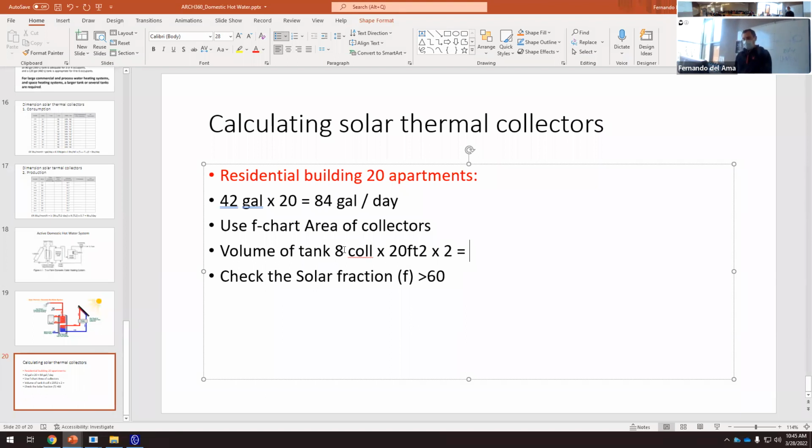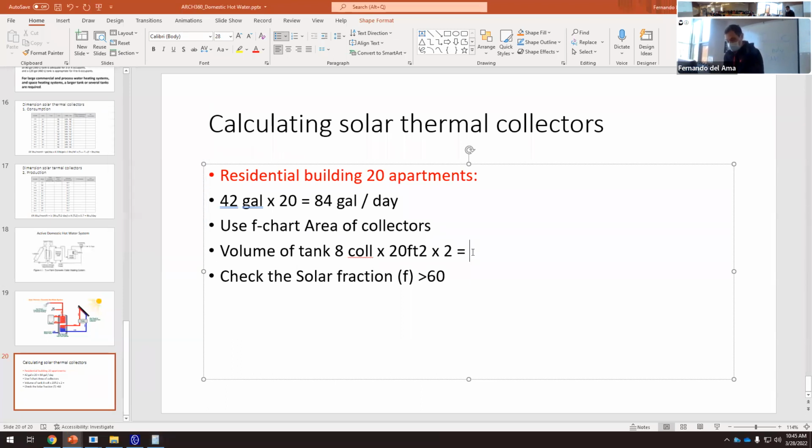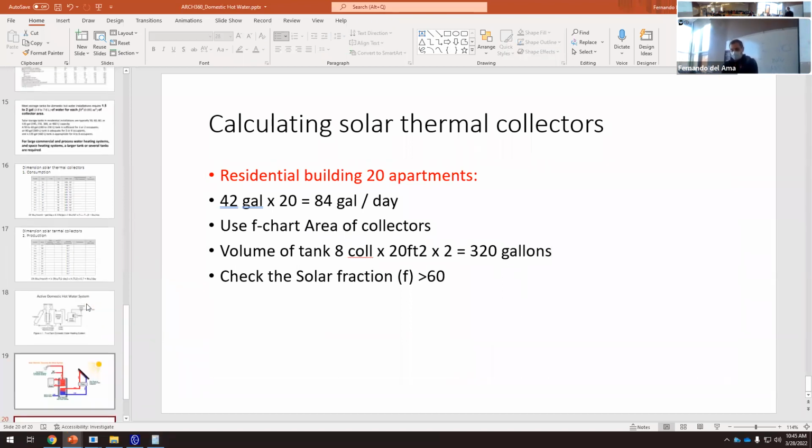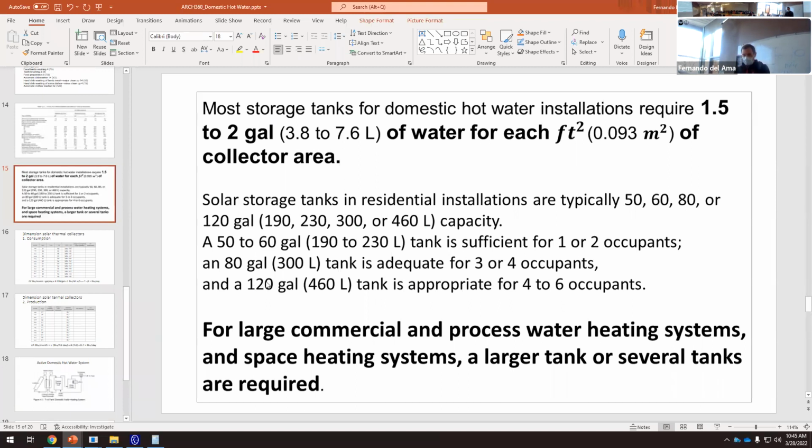So this is 8 times 16 times 20, 320 gallons. We have seen that for more than 120 gallons, we will probably need more than 1 tank.